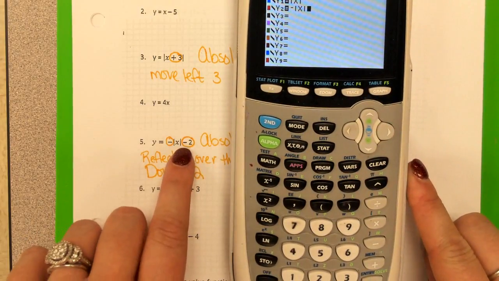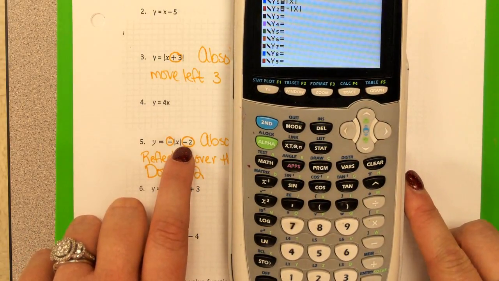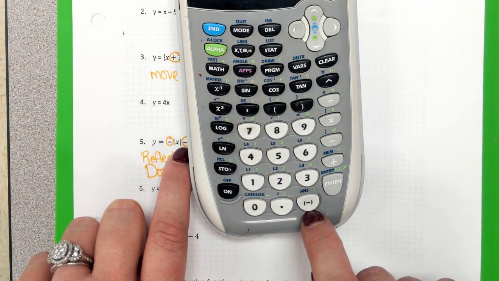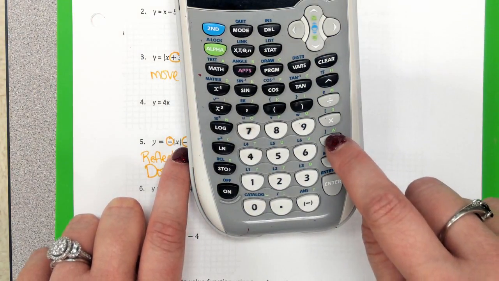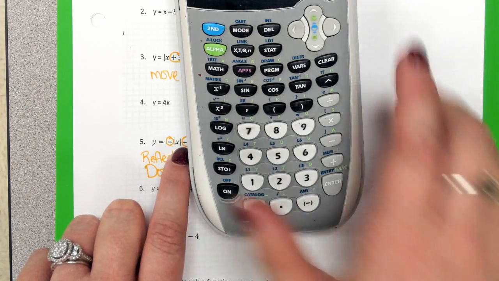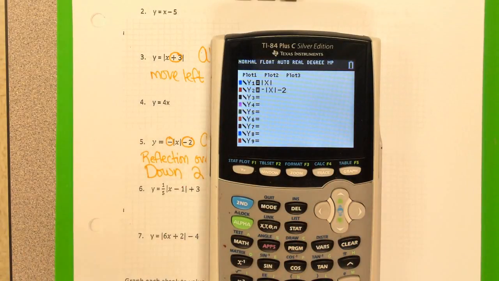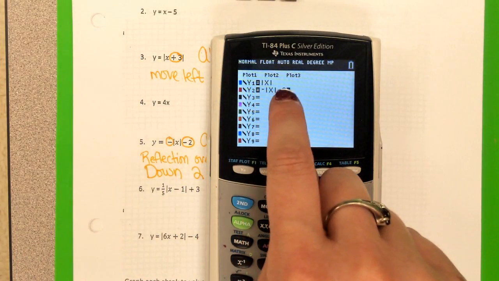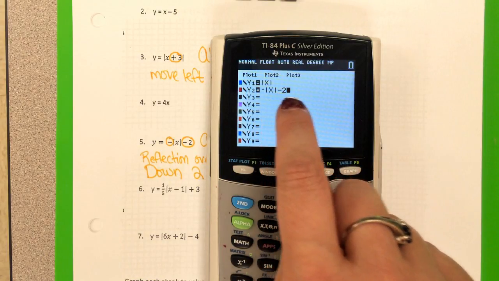All right, that negative right here, that is not the negative down here. Because remember, the only time we use this is when it's in the very front. It's subtract 2. You have to hit the subtract button. Now look at the difference. Do you see the difference in the size of that negative in the very front versus that subtraction with the 2? Do you see the difference between the two?